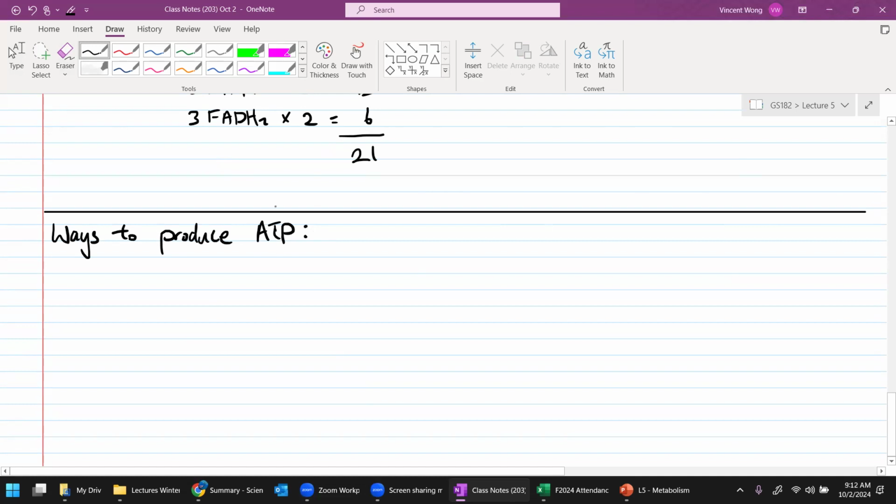In cellular respiration, which is again glucose plus 6 oxygen, producing 6 carbon dioxide and 6 water, in that reaction, the ultimate purpose is to create 36 ATPs. Those 36 ATPs are produced in one of 2 ways. So the first way is, it's a really long name. Let me write it out first.